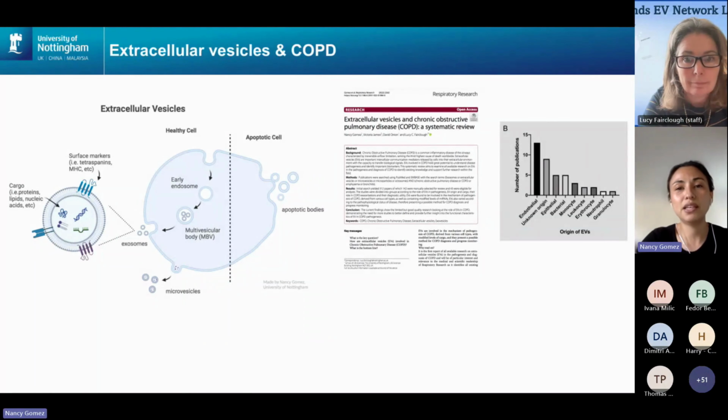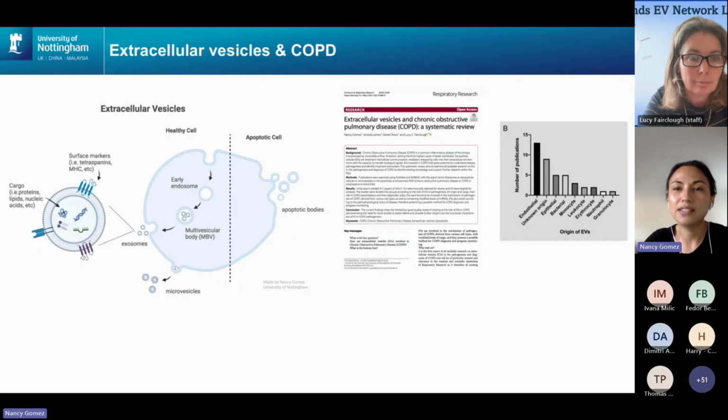Now, early in my PhD, I did a systematic review looking at extracellular vesicles and chronic obstructive pulmonary disease, or COPD. COPD is characterized by irreversible airflow limitation.